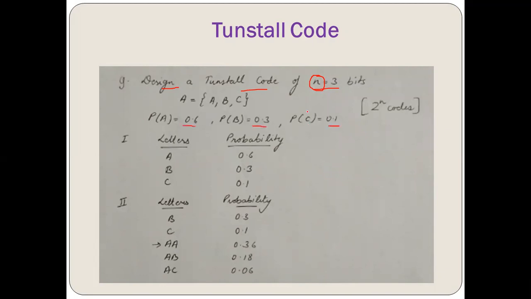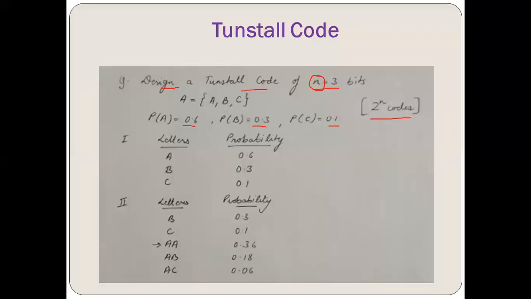So one thing you have to do is, whenever the number of bits is given, the length of the code should be of 3 bits. So here n is equal to 3. Now I need to find out the maximum number of codes that I can generate for this particular source, which is 2 raised to the power n.